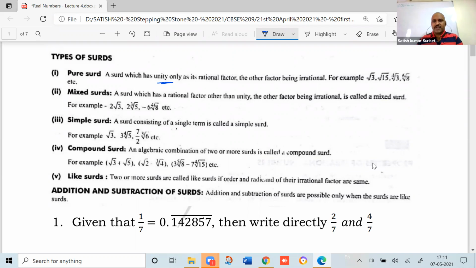Observe the examples. Root 3. Here root 3 is the same as 1 into root 3. So 1 is a rational factor and root 3 is an irrational factor. Next, root of 15. Next, fourth root of 3, sixth root of 8, etc. These are all called pure surds.